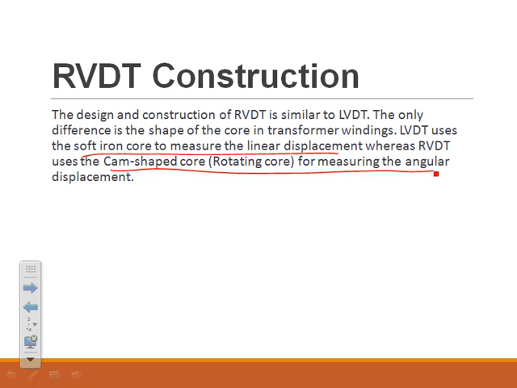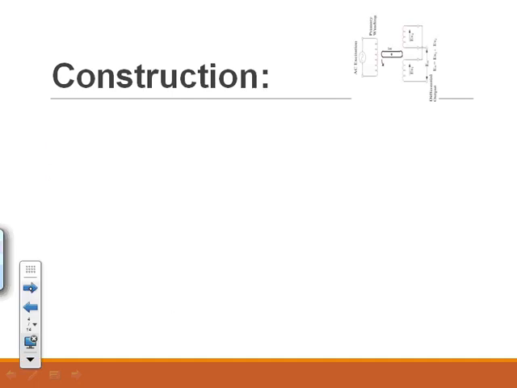So the main difference is that the LVDT is used for linear displacement measurement and the RVDT is used for angular displacement. The second difference is that a soft iron core is used here, and a cam-shaped core is used there.